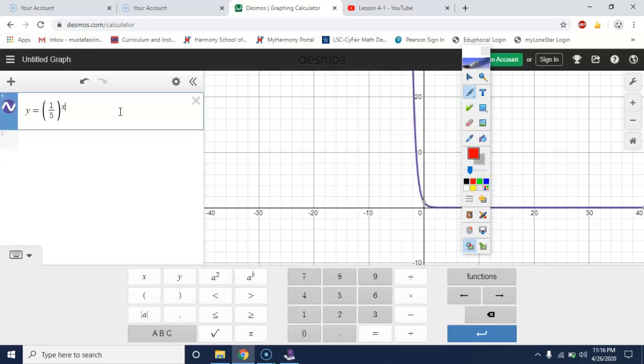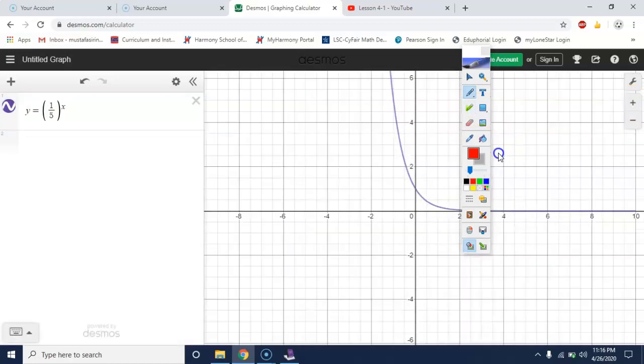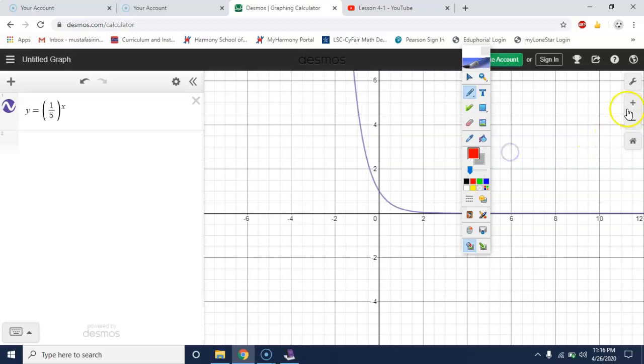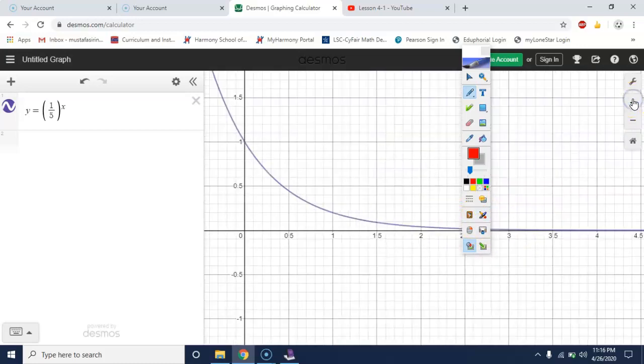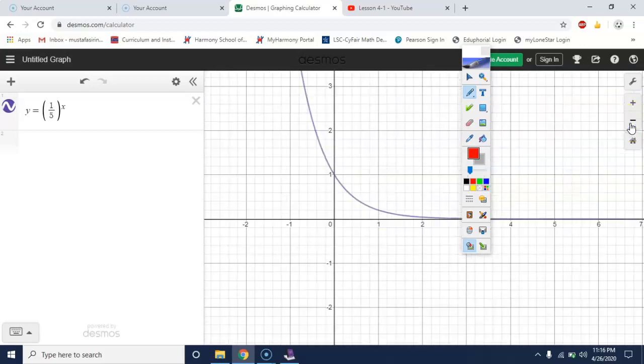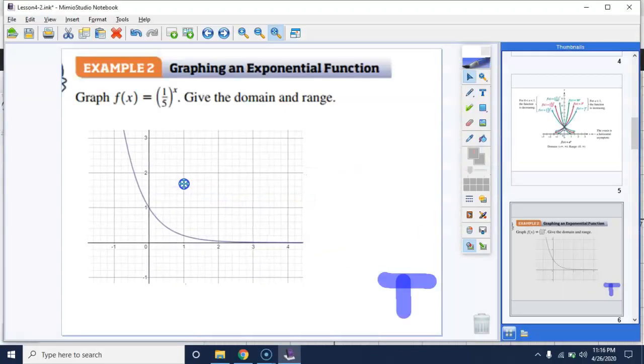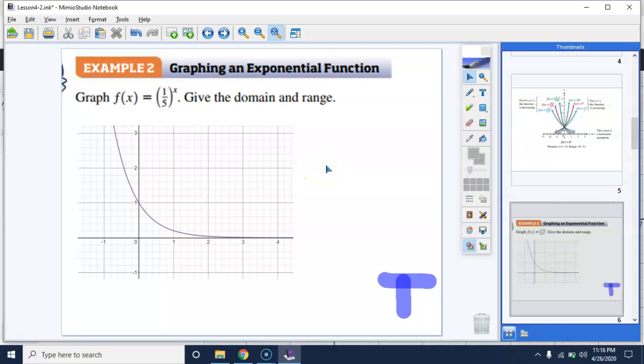If I graph this, that's what I see here. If I zoom in, I want you to see that it won't touch the x-axis. It has been getting super close, but it's not going to touch. So let me screenshot this. That's my graph of it.